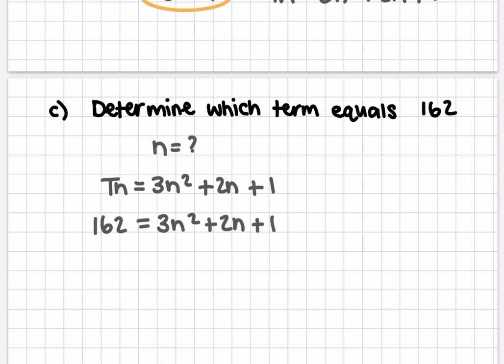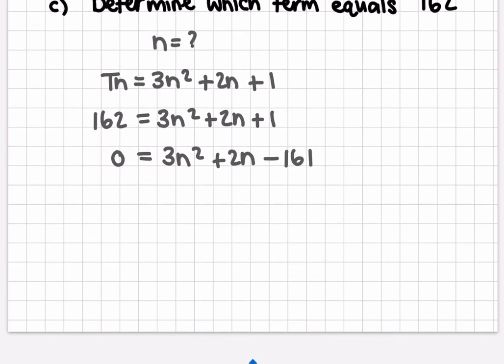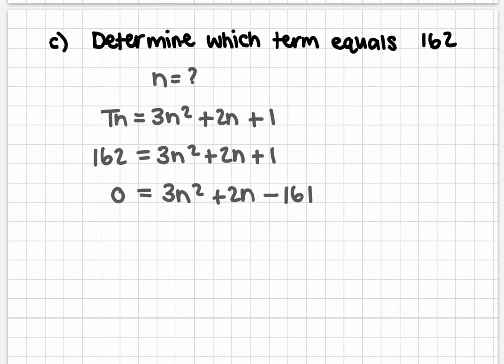We're going to move the 162 over, and we're going to have 0 equals 3n squared plus 2n minus 161. Now we're going to use our quadratic formula. The quadratic formula gives me an answer of 7, and it gives me an answer of negative 23 over 3.